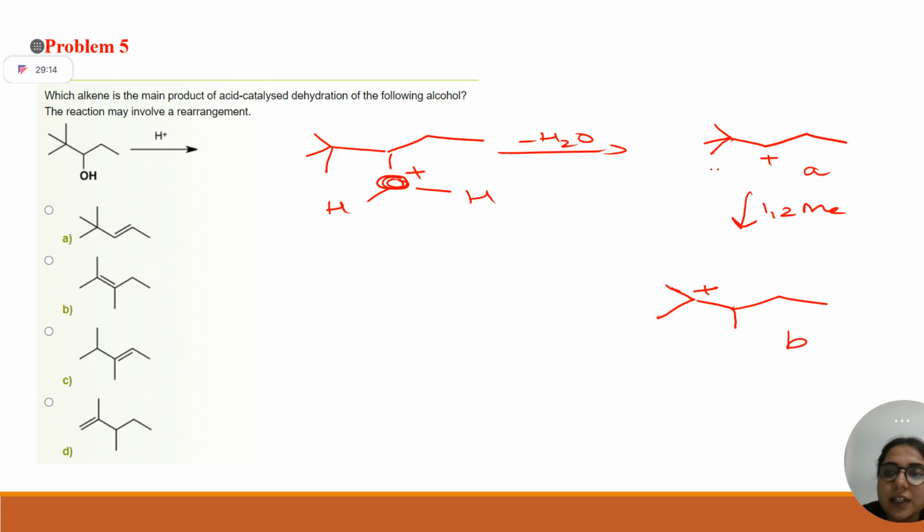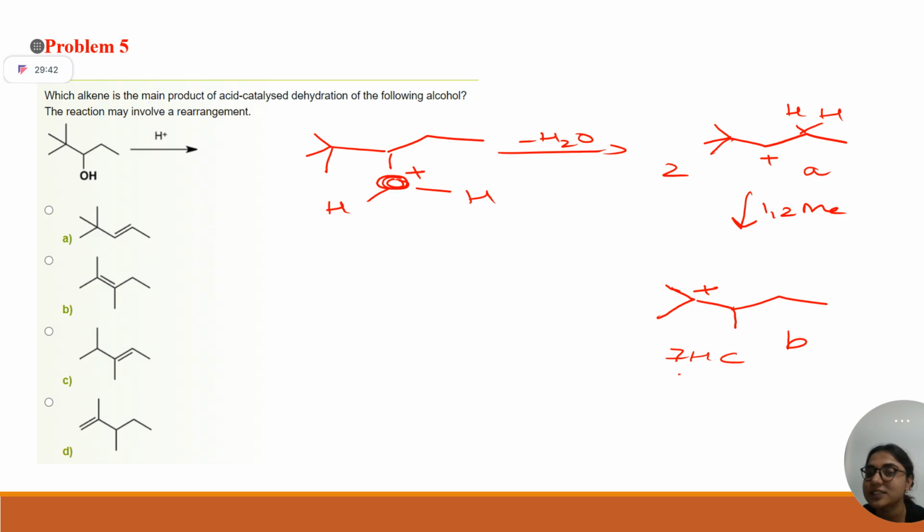Now students, just tell me, if you are given A and B, in A how many hyperconjugation structures are there for this carbocation? Two. Good, only two alpha hydrogens are there. And in this, students, seven, right? Seven. So one thing is clear here: you can't do any resonance.